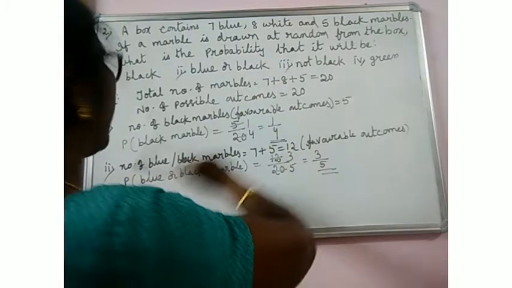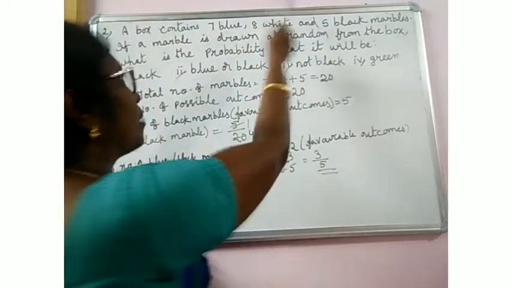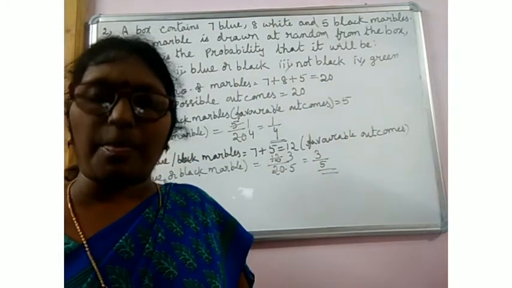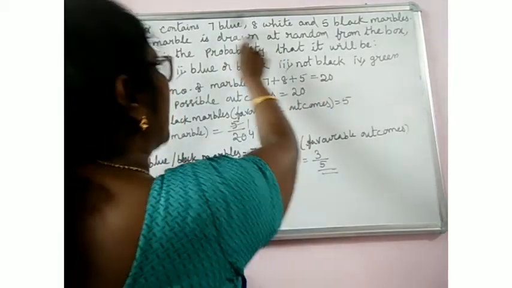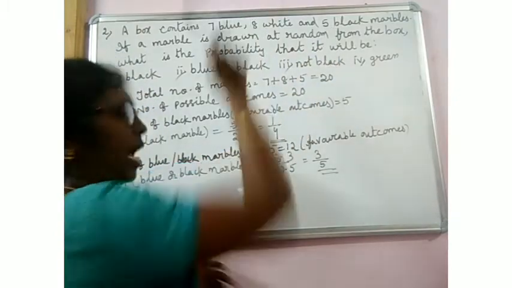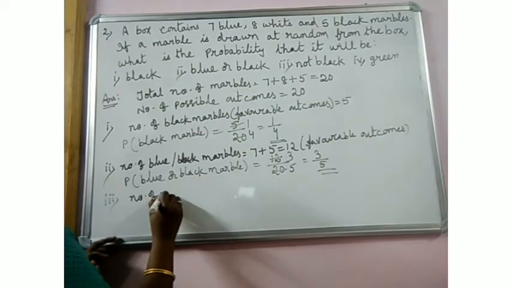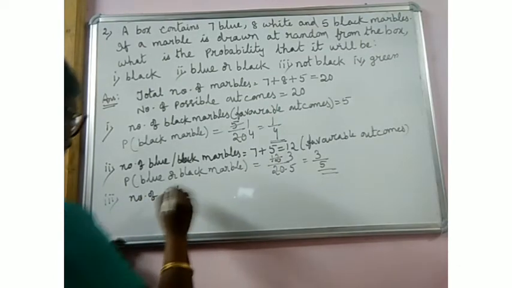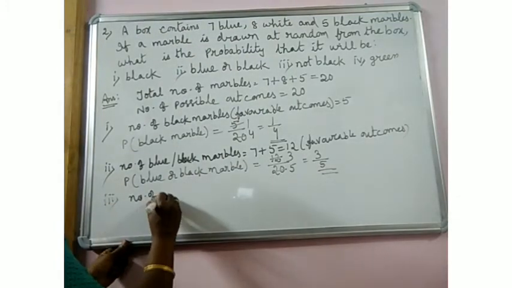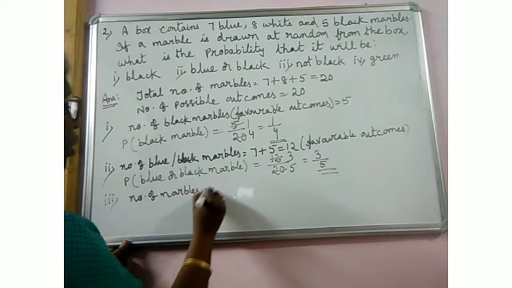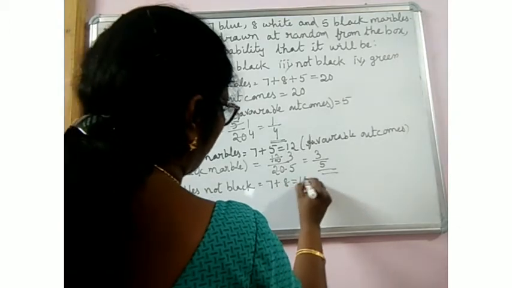Now third bit is not black. That means not black means either blue or white. So either blue or white, how many are there? 15. That means 5 are black and 15 are not black. Number of marbles which are not black is equal to 7 plus 8, 15.